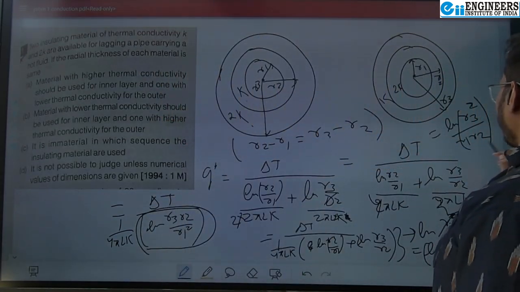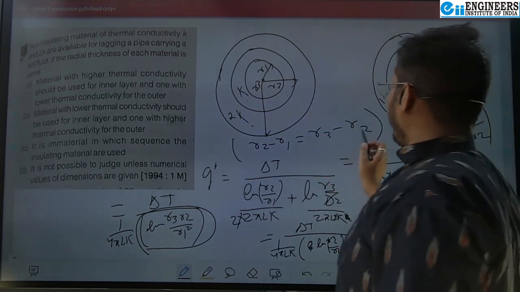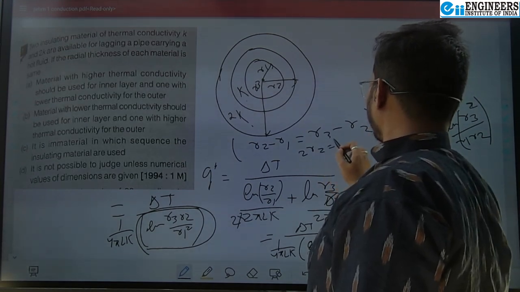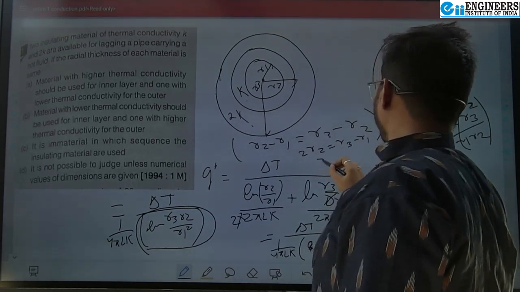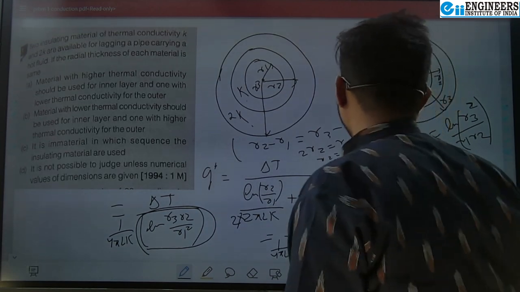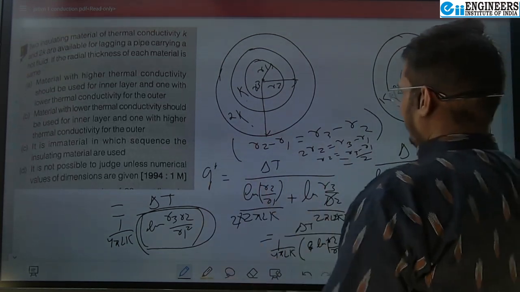This is because when you equate this equation, it will be 2R2 equals R3 minus R1. Then R2 equals R3 minus R1 by 2. Substitute the value, try to solve it out.